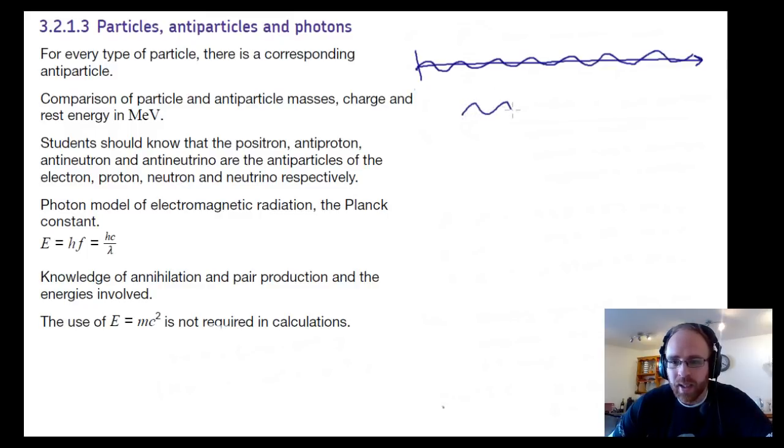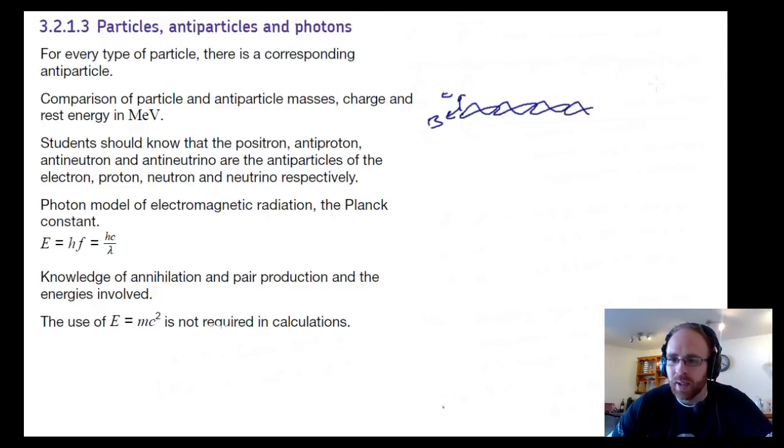They're interesting in that their electric waves and magnetic waves are at 90 degrees to one another. But we're going to forget about the wave model. We're going to put it to one side. We're not going to forget about it because photons are actually waves and particles.